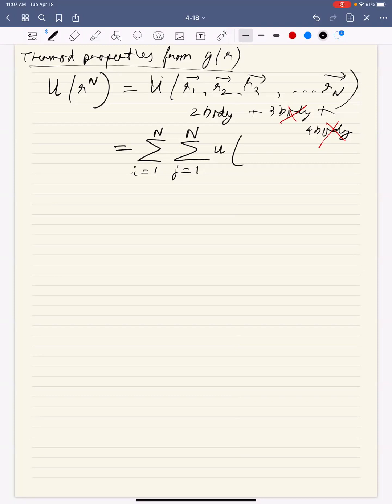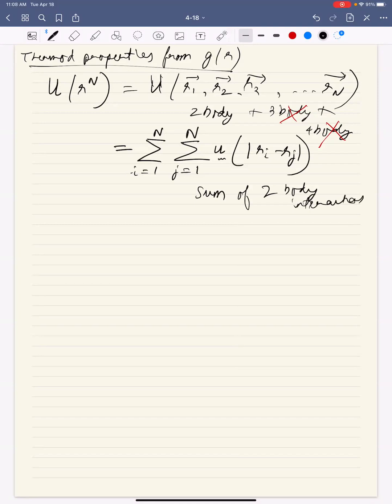That one is a capital U, and this one over here is a small u that depends only on the distance between particle i and particle j. So here we have assumed that our complicated interaction is actually a sum of two-body interactions. Now I write this sum in the following manner.